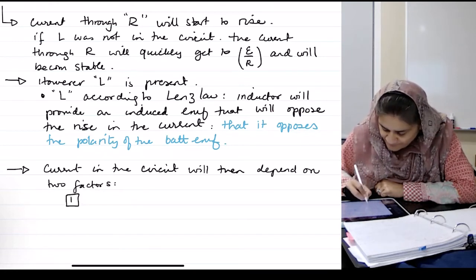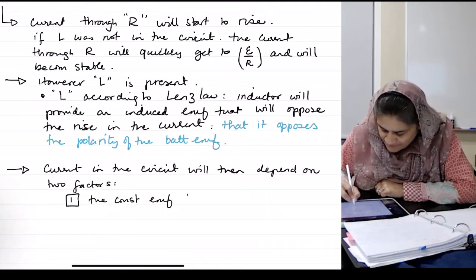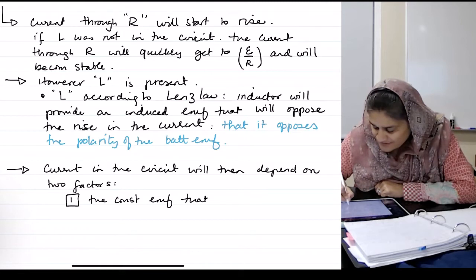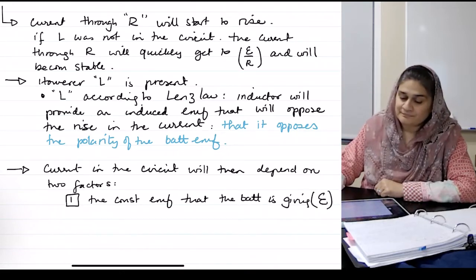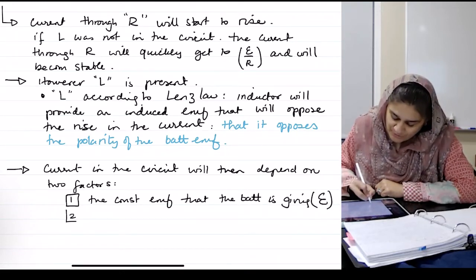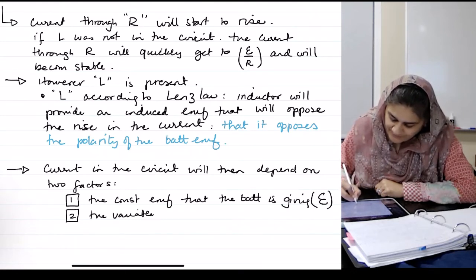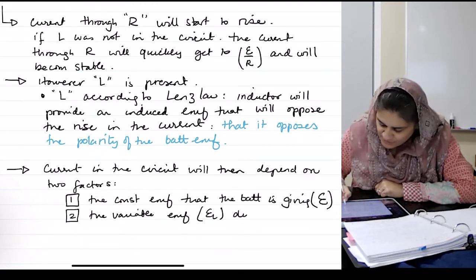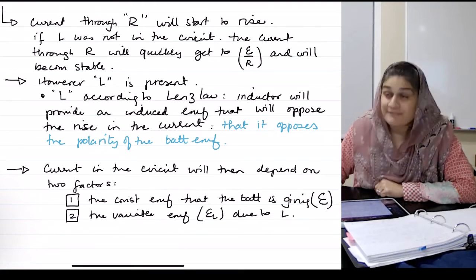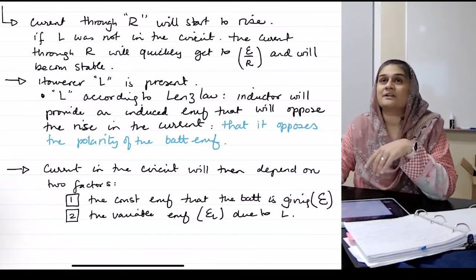One, the constant EMF that the battery is giving, that we called E, and two, the variable EMF due to having the inductor in our circuit.